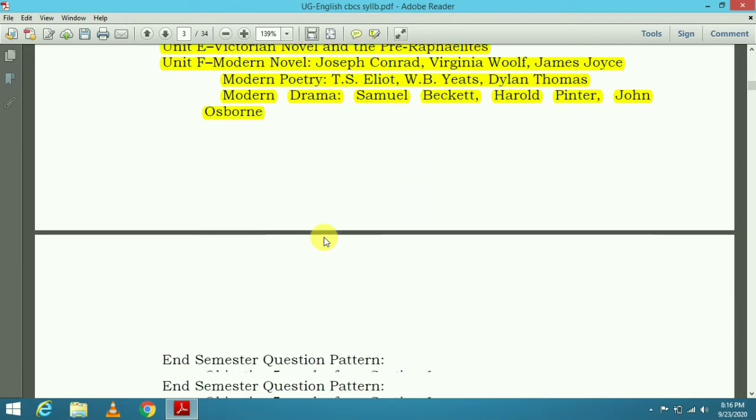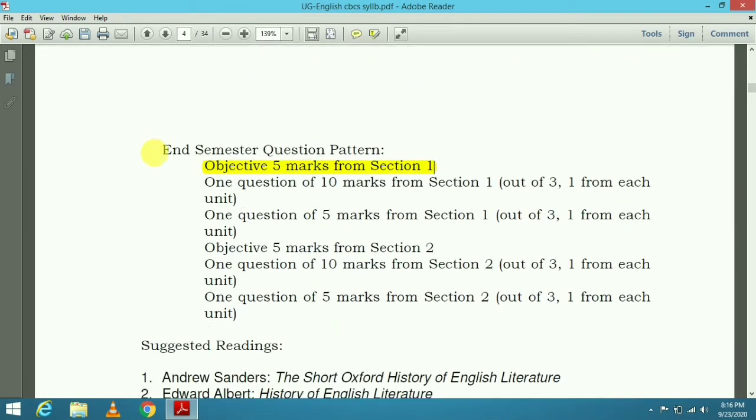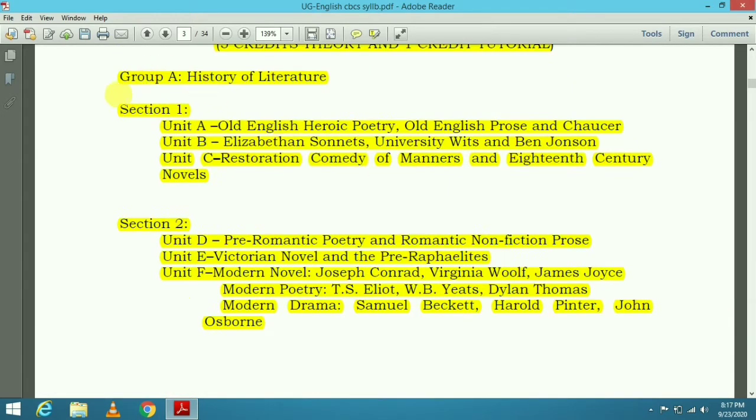So let us look at the marks division. Here is the question pattern of your in semester, which is of 65 marks. Objective 5 marks from section 1. That means in this section 1 you have 5 marks of objective, and each question will be of 1 mark. You have to attend 5 short questions of 1 mark.